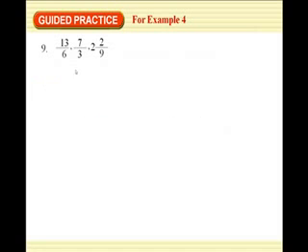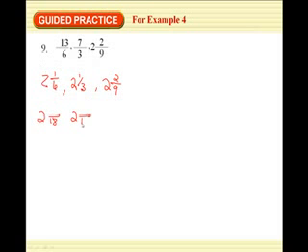Alright, same on this one. 6 goes, sorry, it's ringing again. 6 goes into 13, that's 2 times, which is 12, 2 and 1/6. That's 2 and 1/3, and 2 and 2/9. Alright, we got a 6, a 3, and a 9. Let's make those all have an 18 on the bottom.